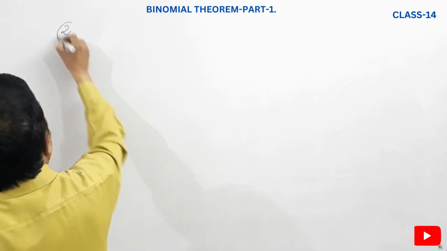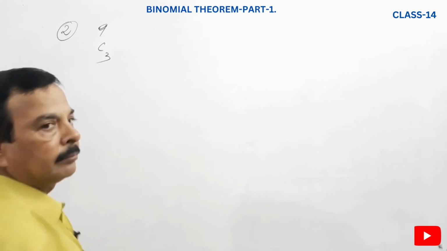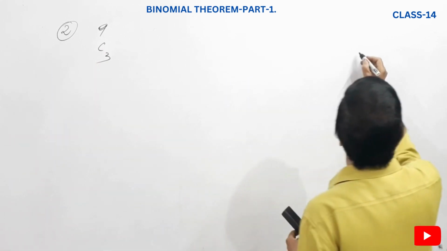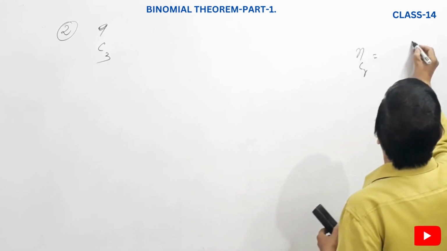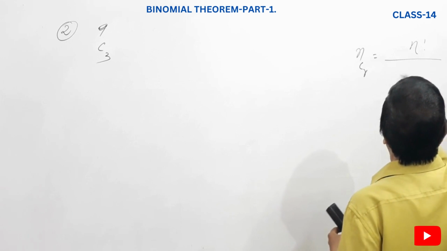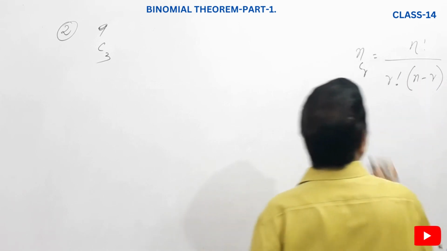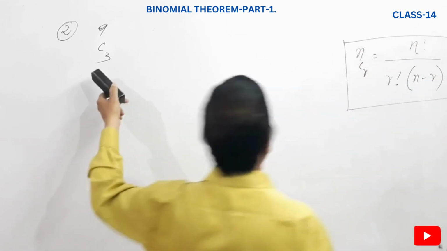Problem number 2, 9C3. I'll write the formula somewhere here: nCr equals n factorial divided by r factorial into n minus r factorial. This is a formula to calculate any values given to you.